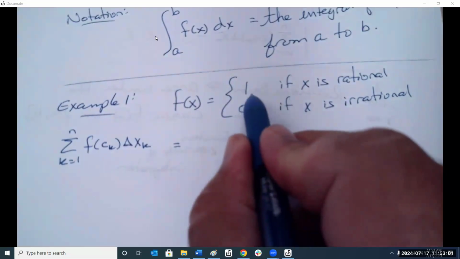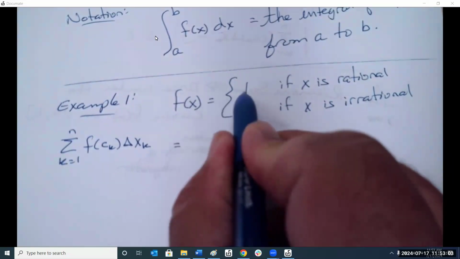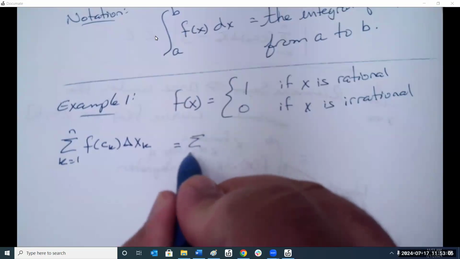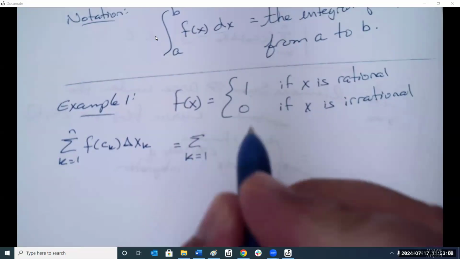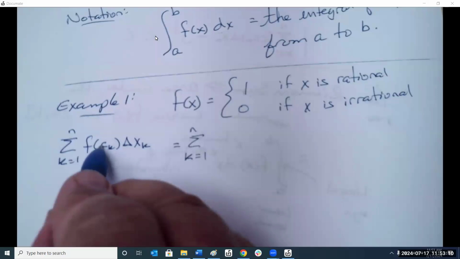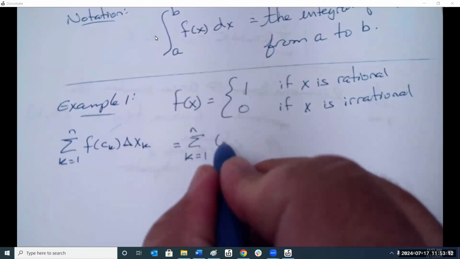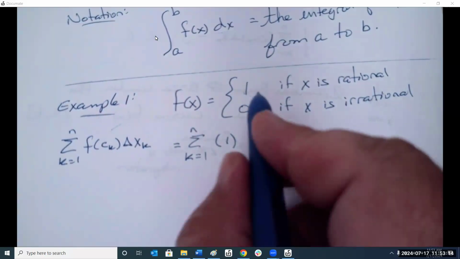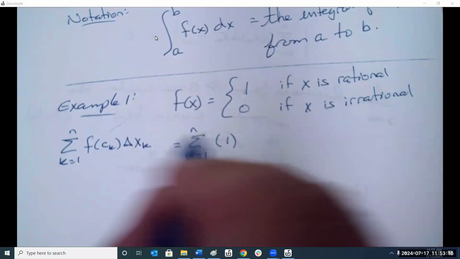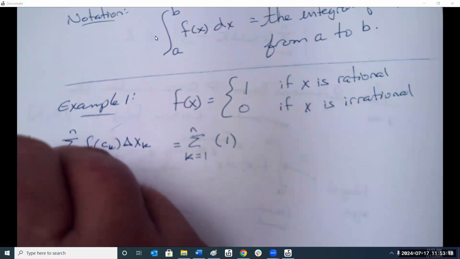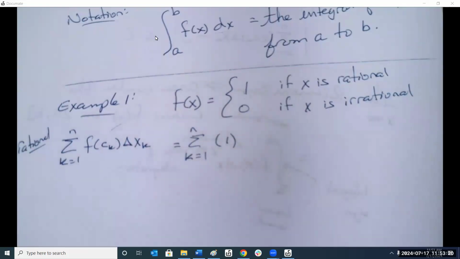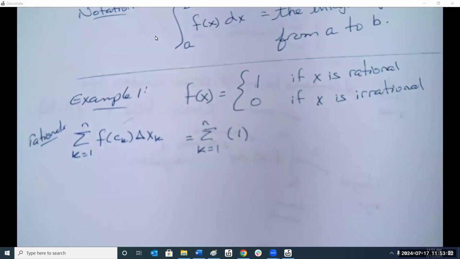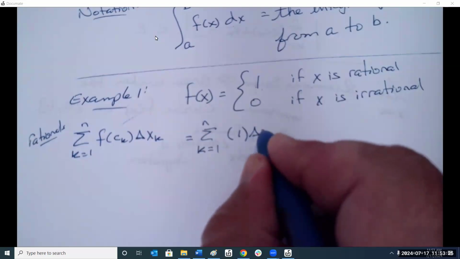So for the first one, f of x equals 1, k equals 1 to n. f of x equals 1 whenever it's rational, so these are for rationals, times delta x.